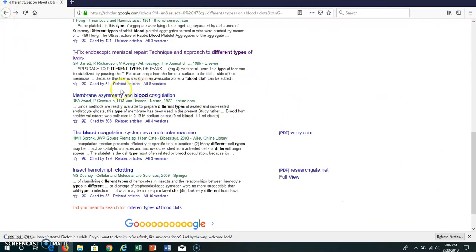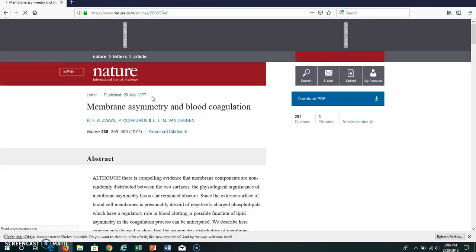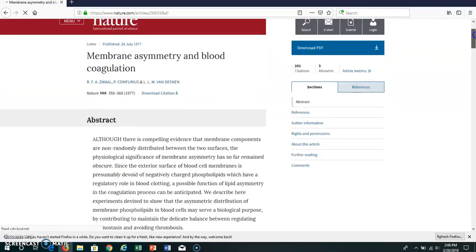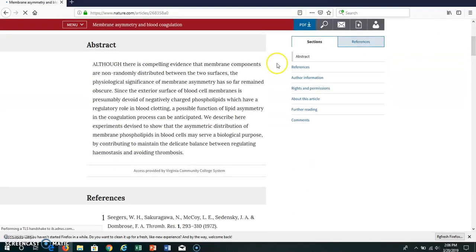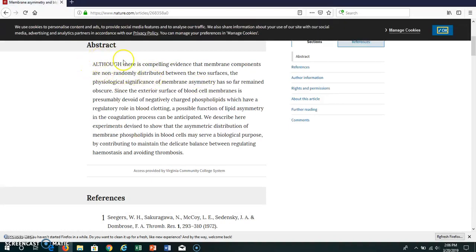And the last one that is not PDF says membrane asymmetry and blood coagulation. So blood coagulation is another word for clot. So I will click on that, and there is an abstract. So I will glance through the abstract and see if this would be a good article for my paper.